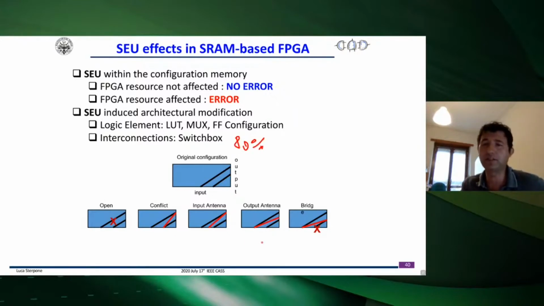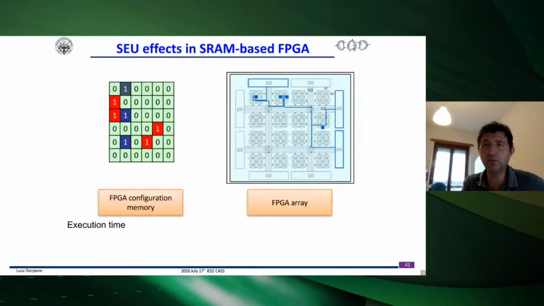You can have multiple effects: opening, conflict, input antenna, output antenna, and also bridging. All these effects can, of course, provoke an error in case the resource is effectively used, or eventually don't provoke anything because, for example, you don't kick any kind of resource that is effectively used.